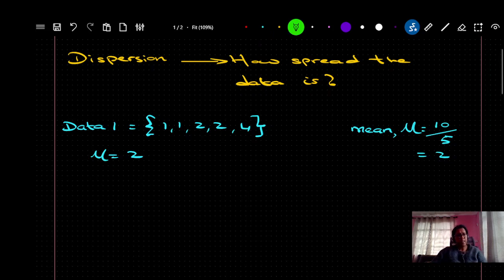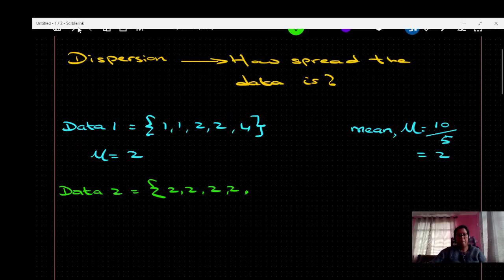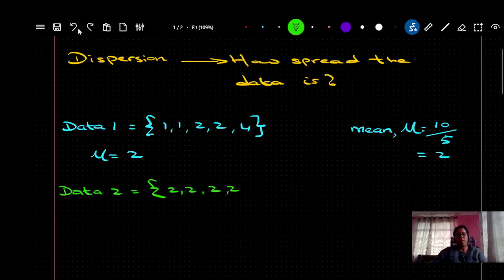Now let us take an example of a second data set. Let's say our second data set has different values such as 2, 2, 2, 2, and 2.